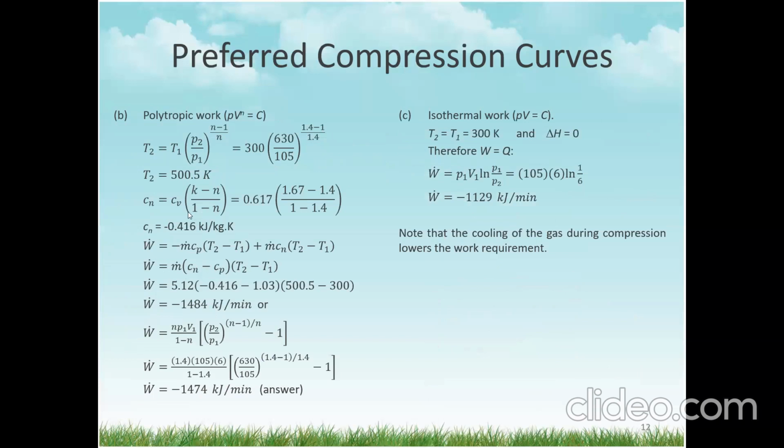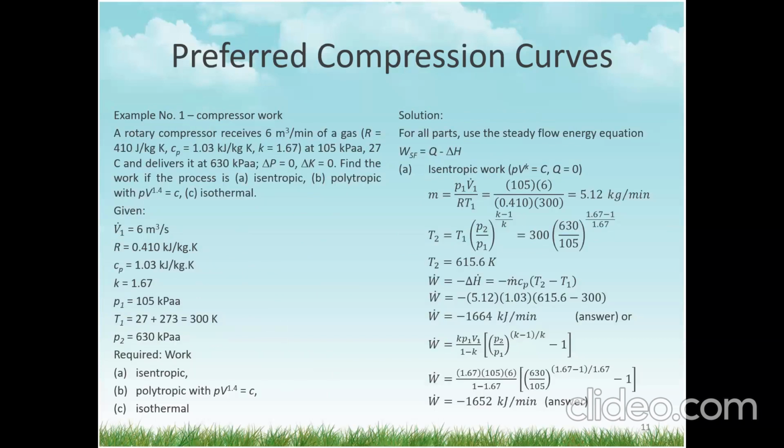That is 0.62 or 0.617. So now Cn is equal to negative 0.416 kilojoule per kilogram.